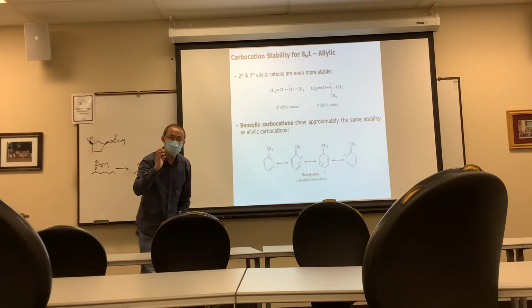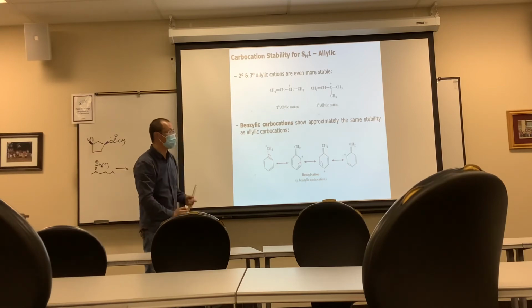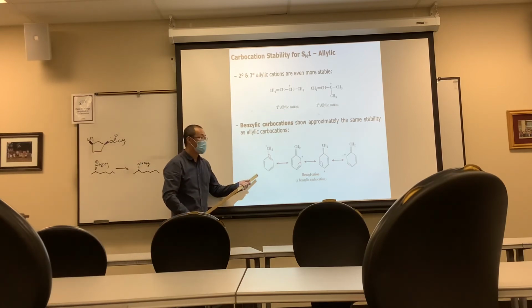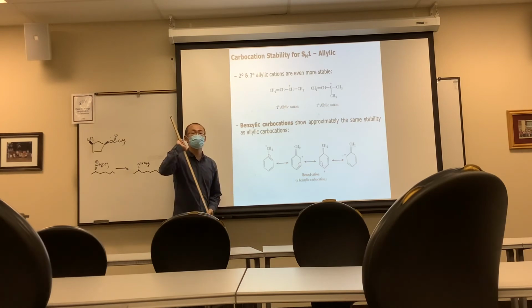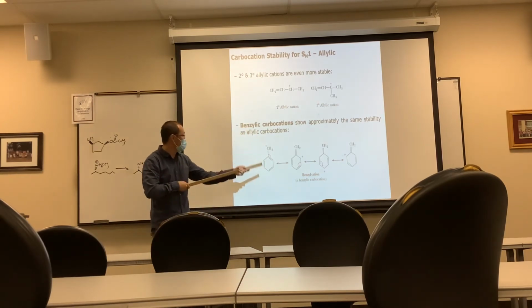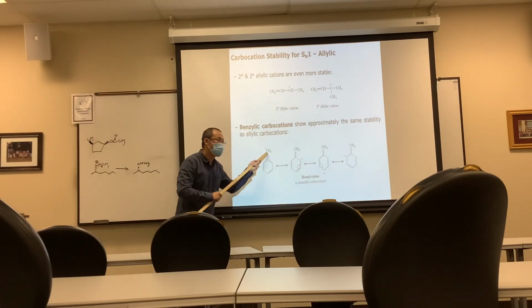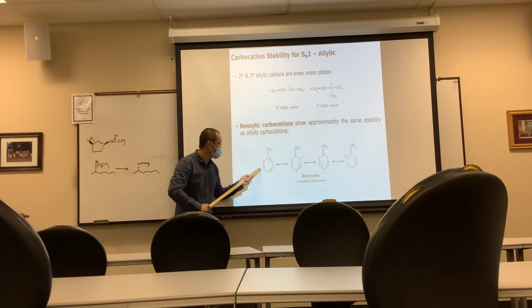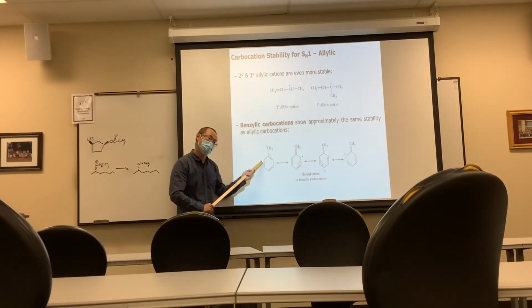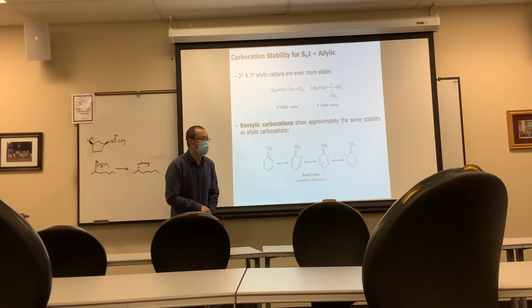Right. Besides that, here comes the one I showed you earlier, asked you to put it down. A similar primary to allylic carbon is called benzylic, which is the primary carbon adjacent to a what? A benzene ring. And that carbocation is also very stable.